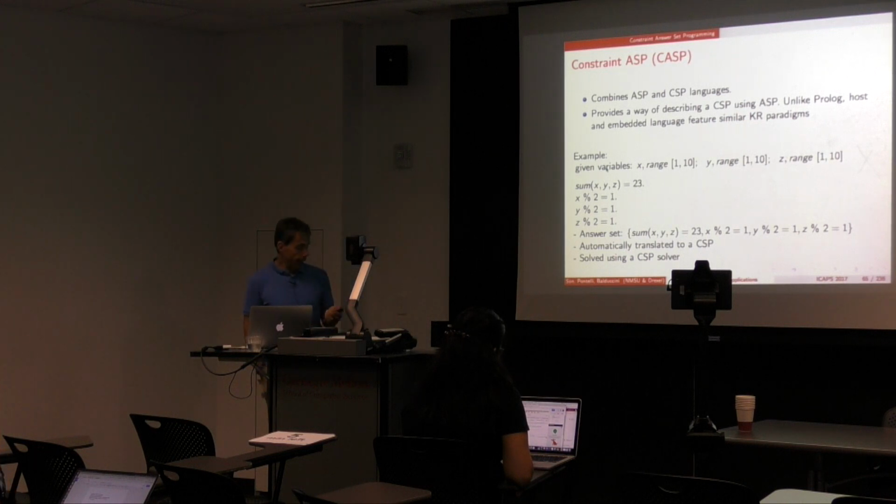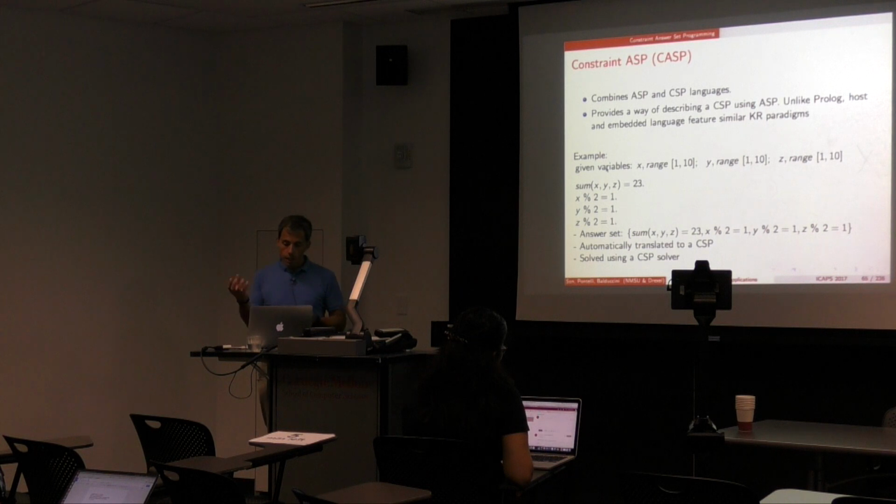Constraint ASP, or CASP, provides such a way of combining these two formalisms and bringing the best of both worlds together, the qualitative specification and the quantitative specification. You can view CASP as strongly related to CLP, which Enrico described earlier.